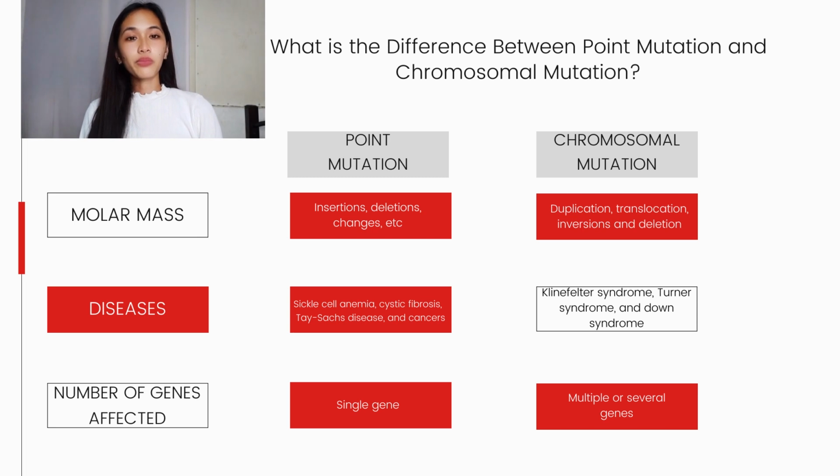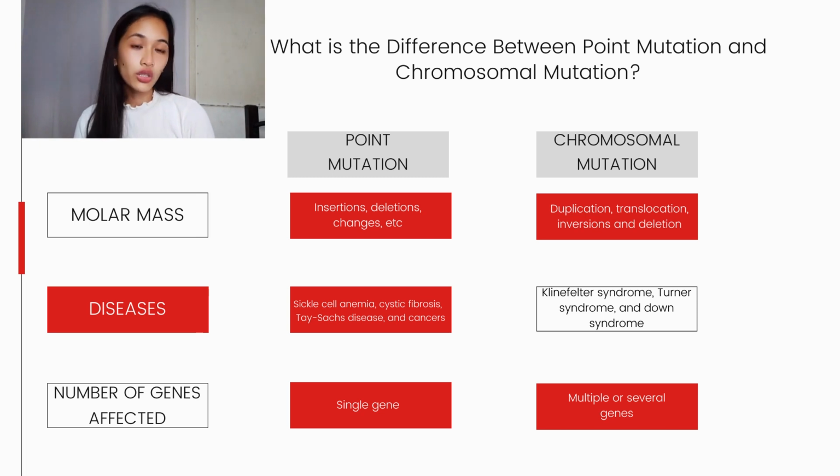In summary, point mutation refers to a single base pair alteration in a DNA or RNA sequence. So it is a small-scale mutation, whereas chromosomal mutation refers to a structural or numerical change in the chromosomes of an organism. So it is a large-scale mutation. The impact of chromosomal mutation is high since the altered segment of a chromosome may include many genes.